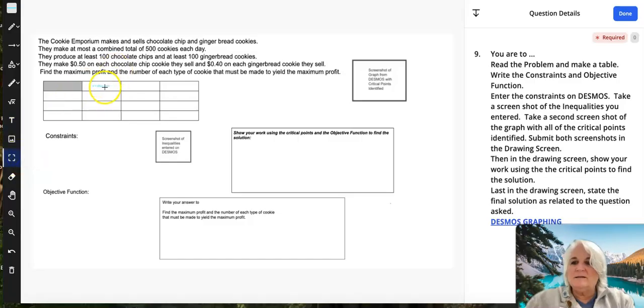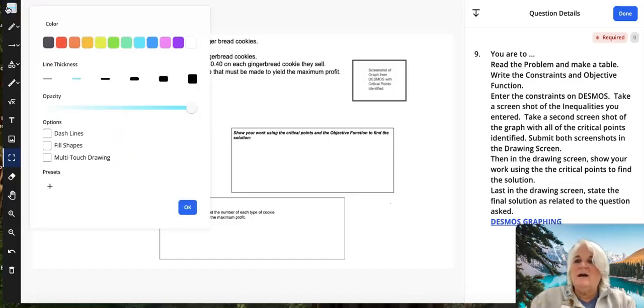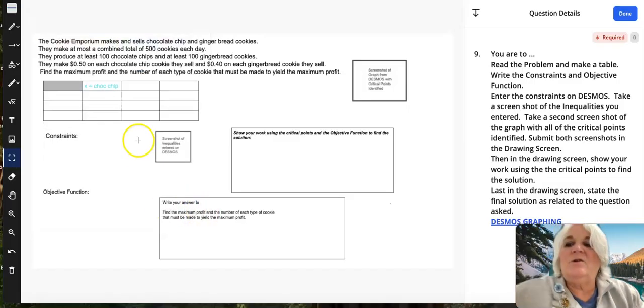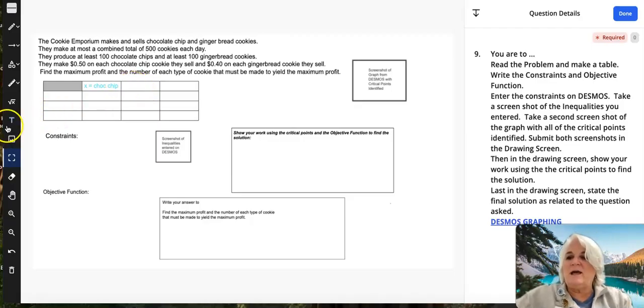So I'm going to click on here and stretch it out. Okay, there, I can see it now. Yay! I'm going to switch colors. I want black so I can see better. Okay, so I'm not going to redo that.